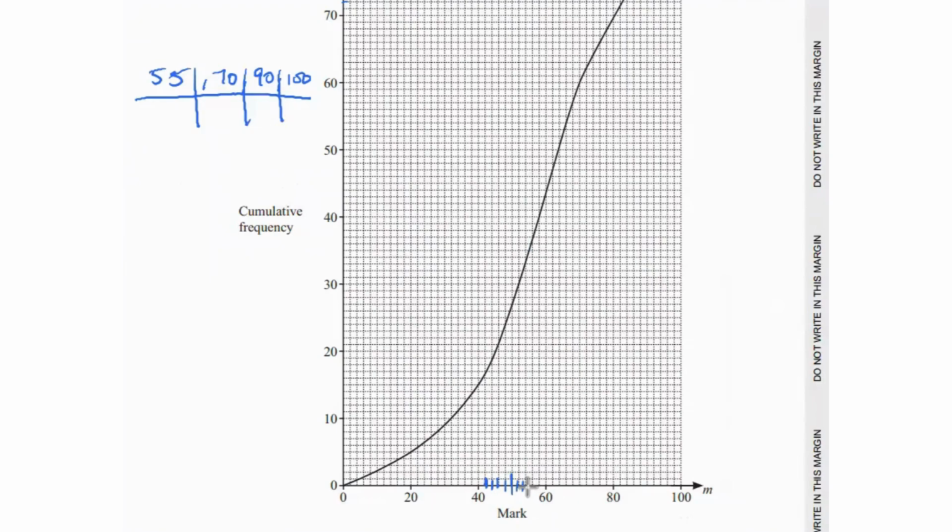So 55 is going to be 35. Then for 70, let's first mark 70 over here: 62, 64, 66, 68, 70.